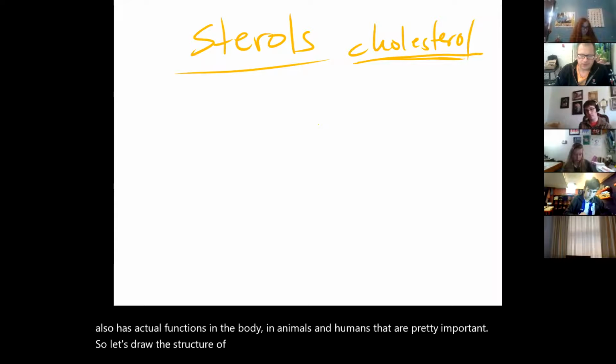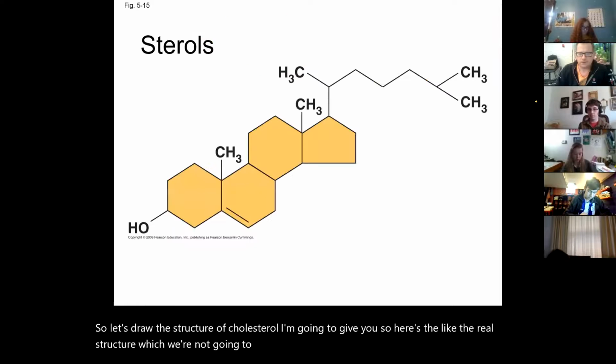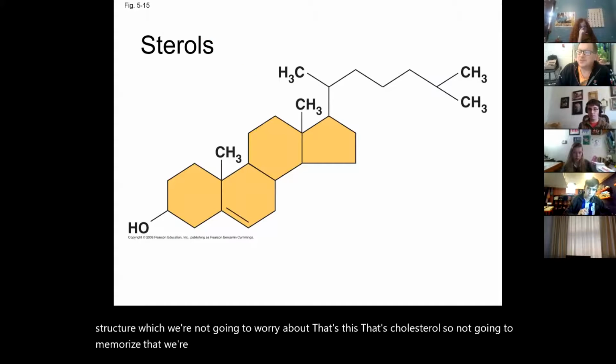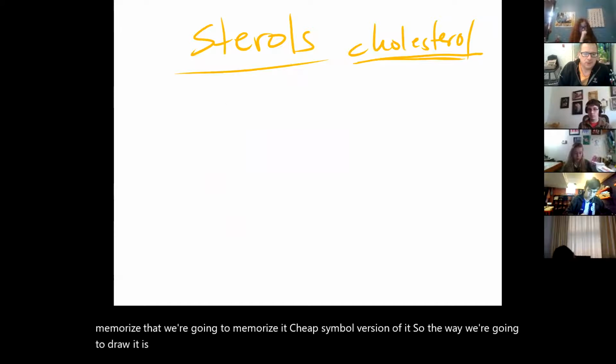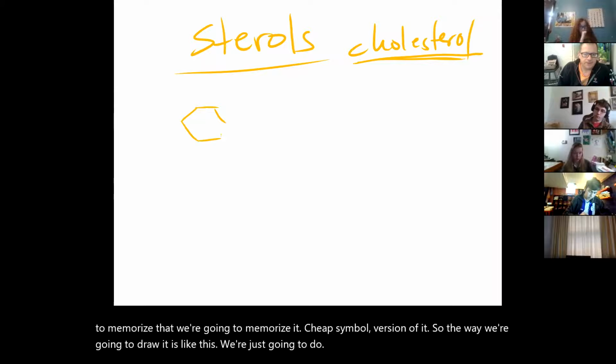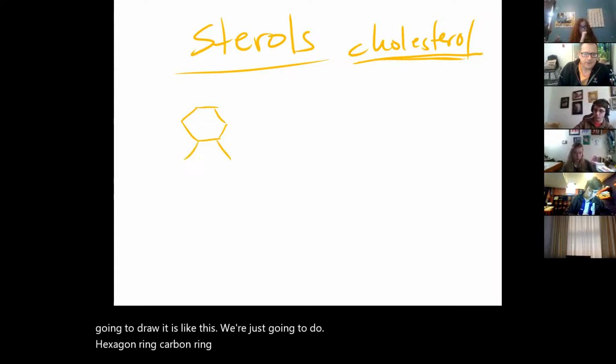Here's the real structure, which we're not going to worry about. That's cholesterol. You're not going to memorize that. We're going to memorize a cheap symbol version of it. The way we're going to draw it is like this. A hexagon carbon ring, another hexagon ring, stick it together, and another hexagon ring.